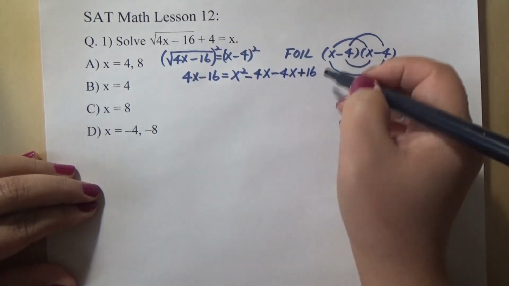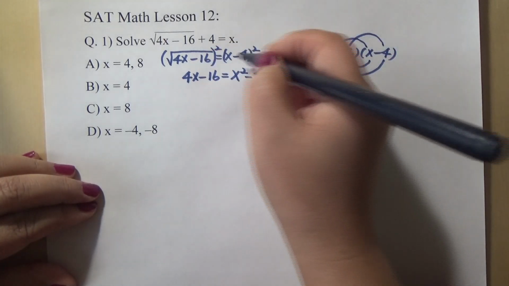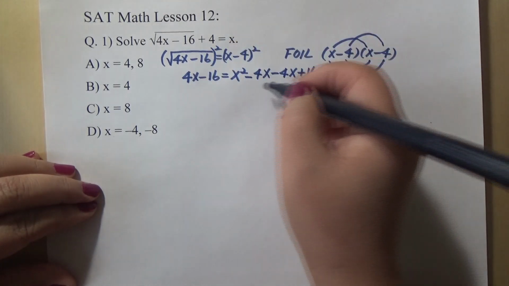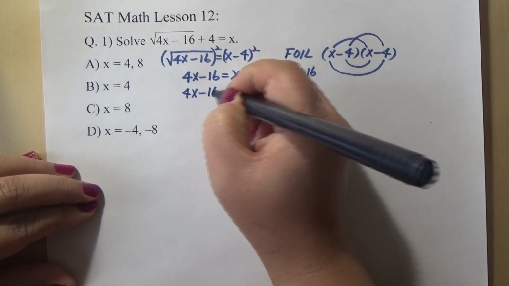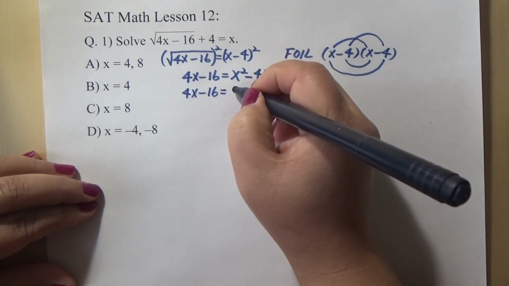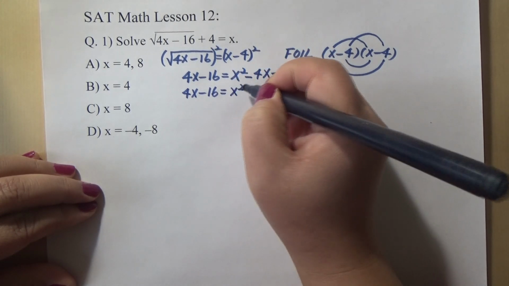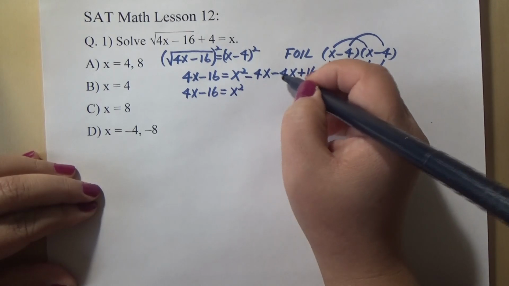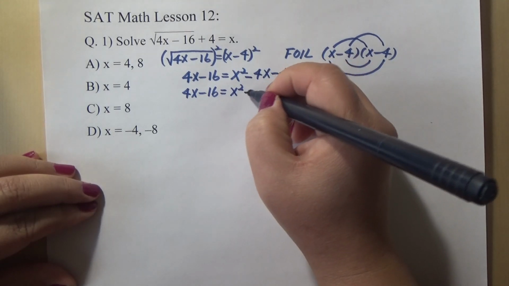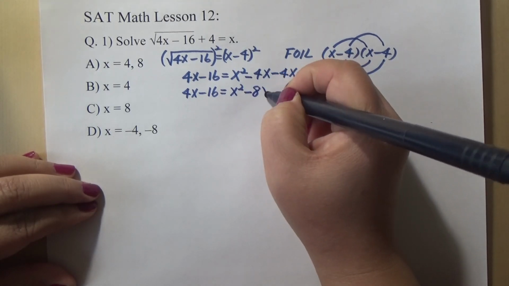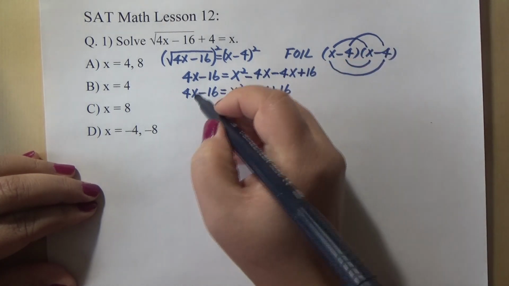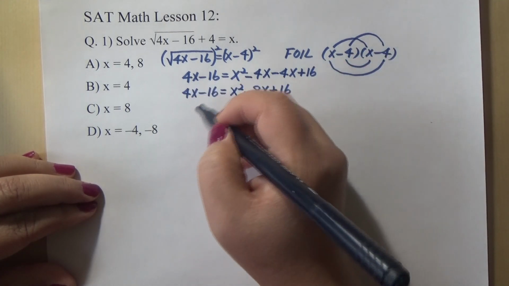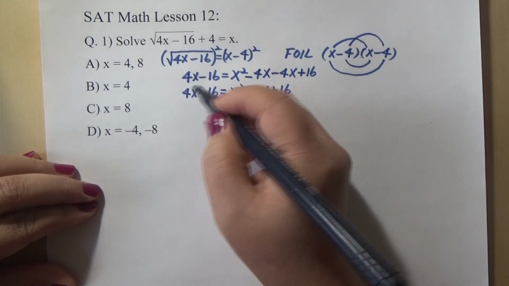So now I'm going to simplify this equation. 4x minus 16 is equal to x squared, negative 4x minus 4x, which is negative 8x, plus 16. So I don't want this left side here.